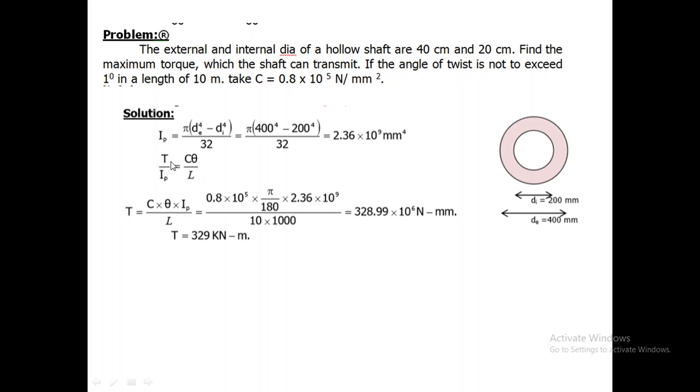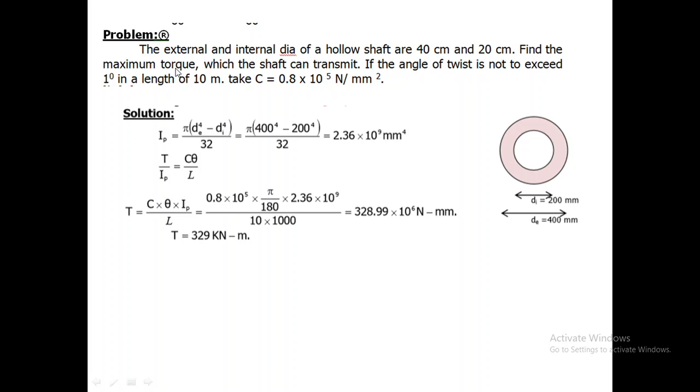The modulus of rigidity is given, the angle of twist theta is given as 1 degree, and the length is given as 10 meters.